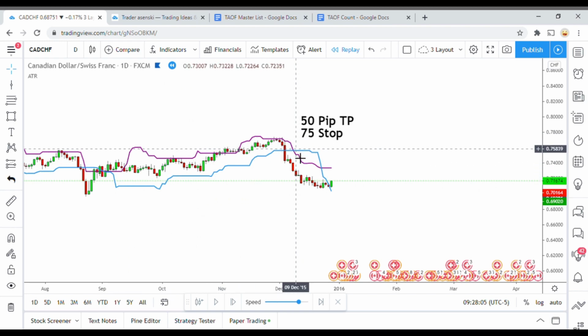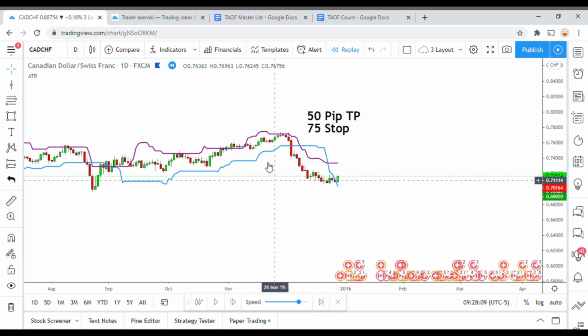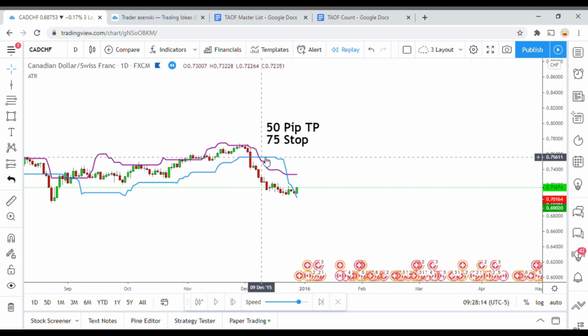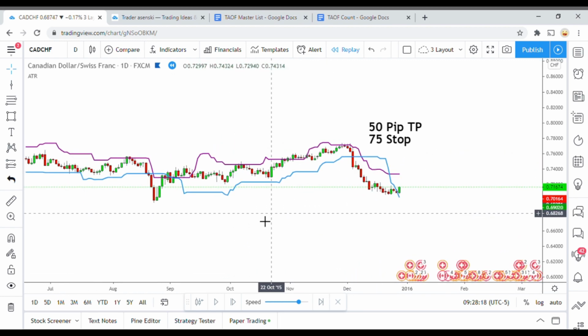Now, I don't believe that they crossed, though. I believe they just created a channel that followed along with price action. And so, in this case, the fact that it does cross makes it a little bit different.